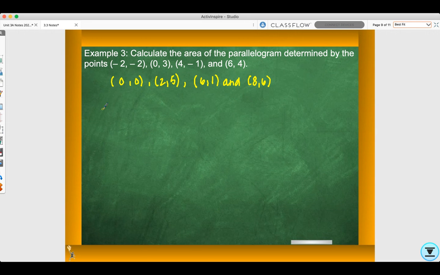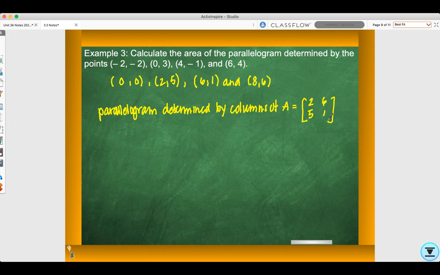Then the area of the parallelogram is determined by the columns of matrix A. And that would be 2,5 and 6,1. So we're using these two here.